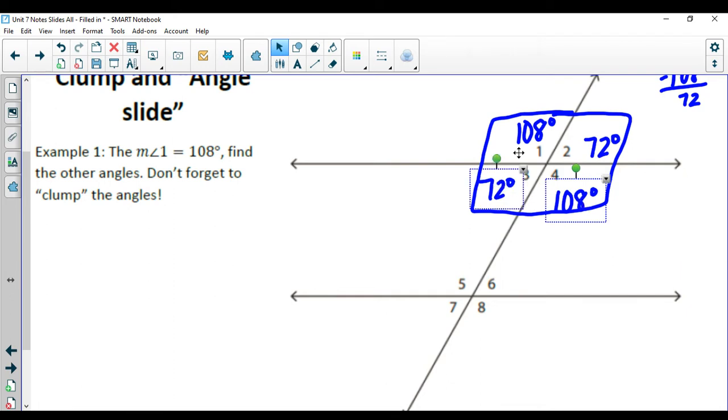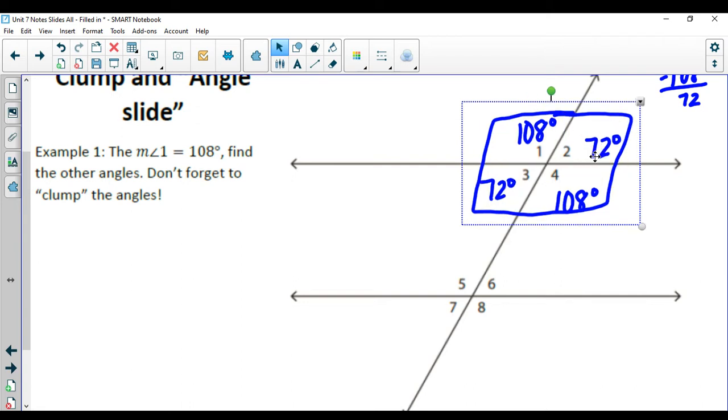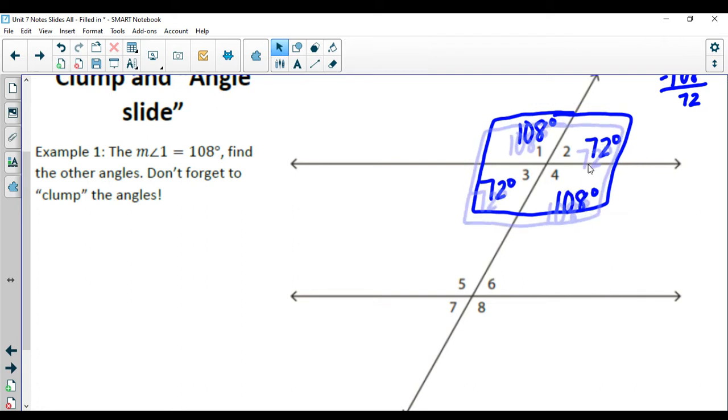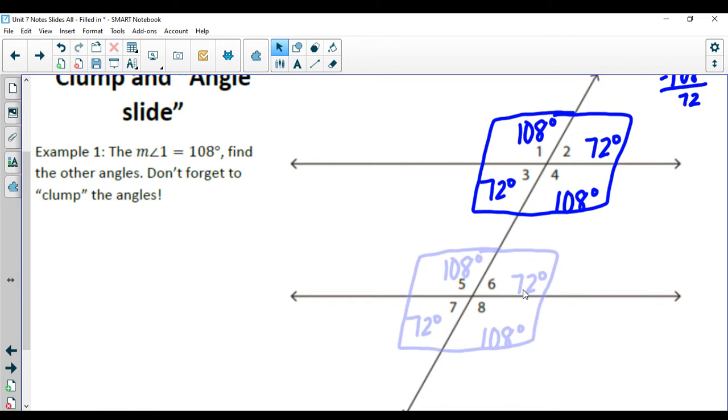So we're going to have to do a little bit of work here. I'm going to group these all together and duplicate them. And in doing so, I'm going to take this clump and slide it right on down the transversal. You can see the outline there. I'm going to set that right there.